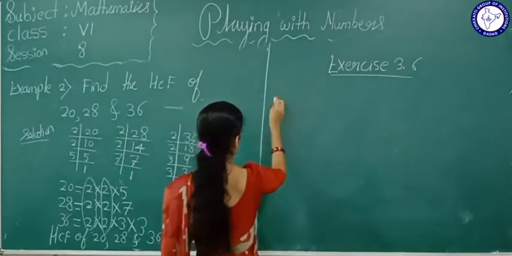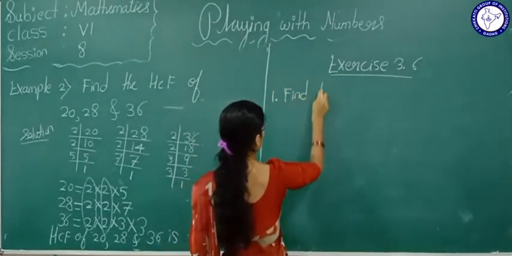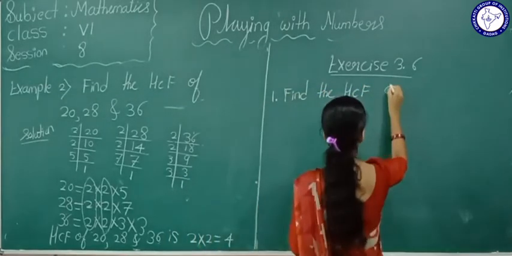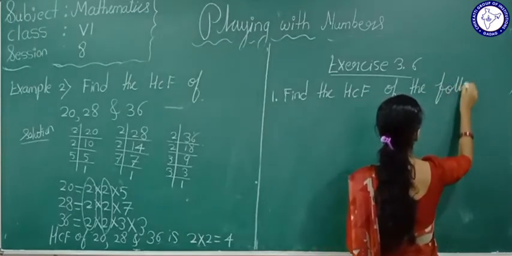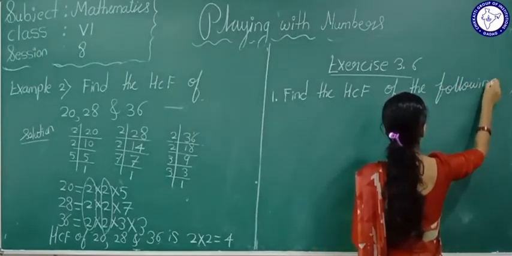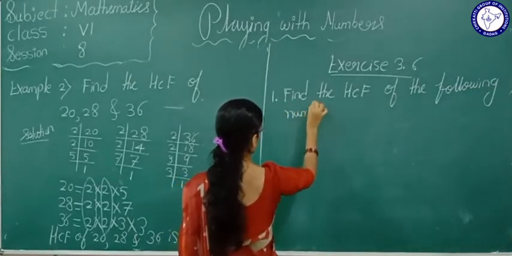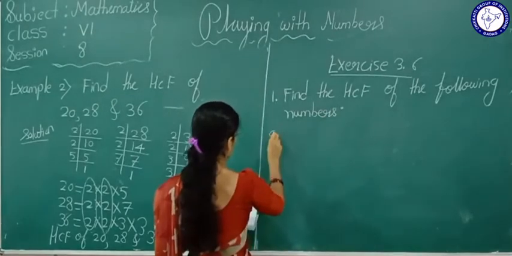So here, the first one they have given: find the HCF of the following numbers. Only a few I am going to solve here, the remaining you have to try by yourself.